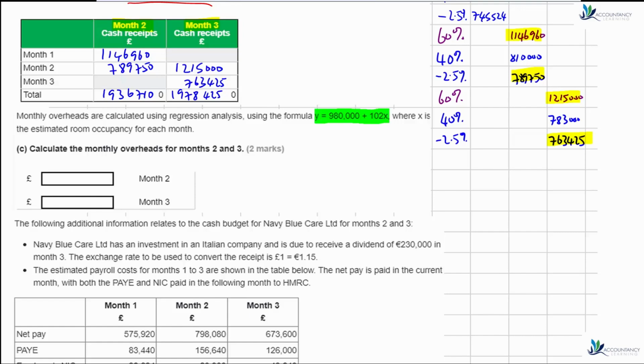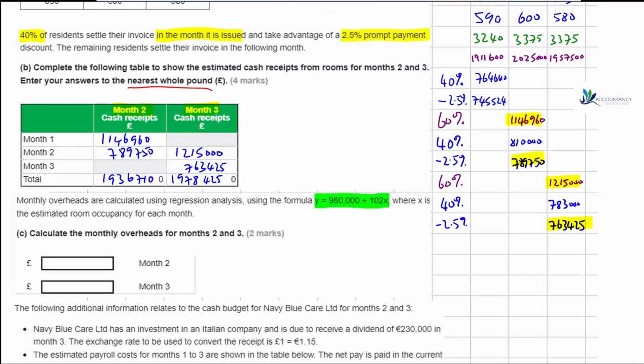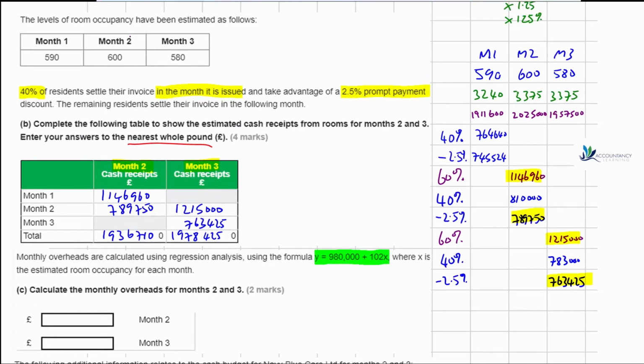So remember, we've got our different occupancy for those 2 months. Remember, X is the occupancy. So let's remind ourselves what those are. So we've got occupancy in month 2 of 600. So that means that Y equals 980,000 plus 102 multiplied by 600.